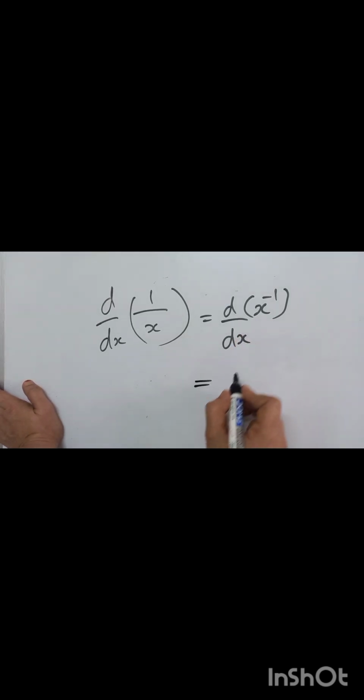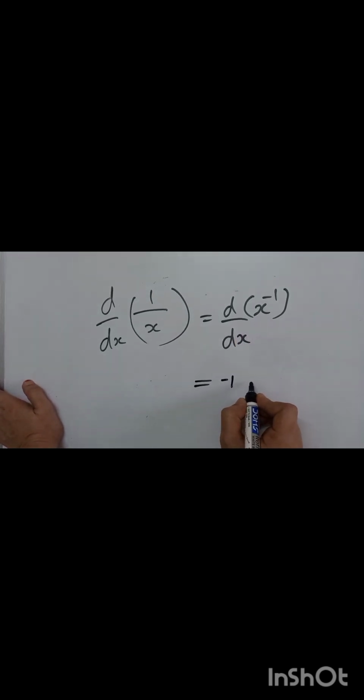So n x to the power n minus 1, instead of n we have negative 1 and then x to the power negative 1 minus 1. So negative 1 into x to the power minus 2. So the answer is negative x to the power minus 2, or x to the power minus 2 you can rearrange as 1 by x to the power 2.